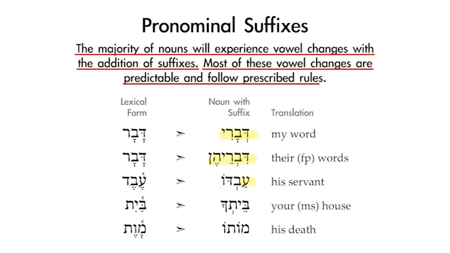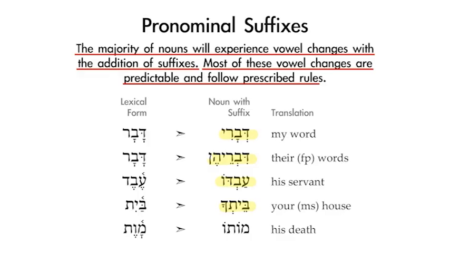With our third noun, avdo, the segolate noun eved changes its vocalization, and I'll explain this in Chapter 10. With our fourth example, beitecha, your house, the ay diphthong changes to tsere yod. This is an important change to understand, and you'll see it with some frequency in the Hebrew Bible.